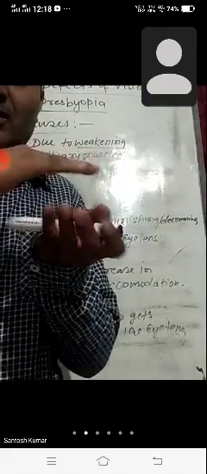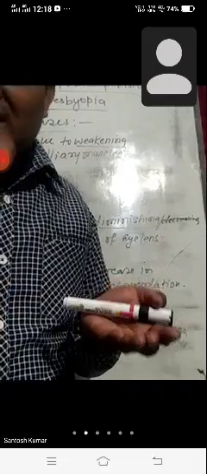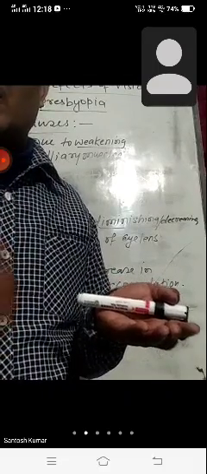What will happen if a layer is deposited over the eye lens? Then the transparency will decrease. Slowly it will decrease, finally it will become opaque. And if the eye lens becomes opaque, the light ray will not enter the eye, we are unable to see the object because no formation of image will take place.